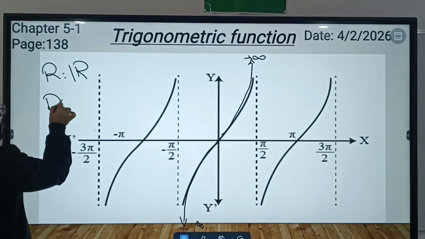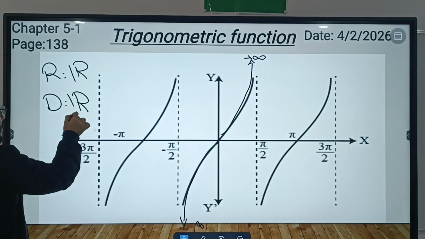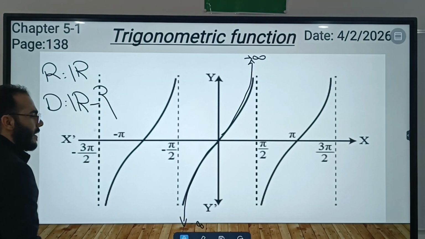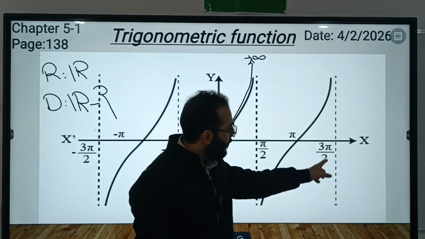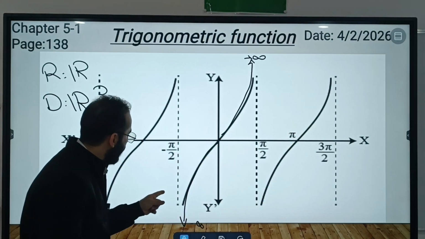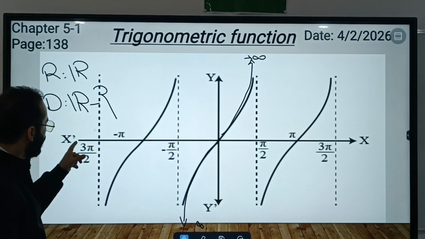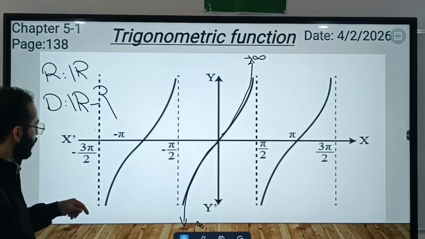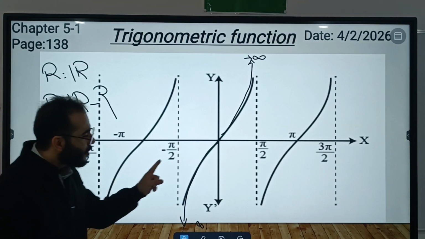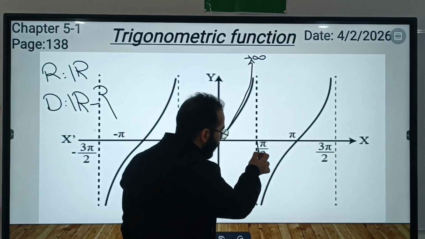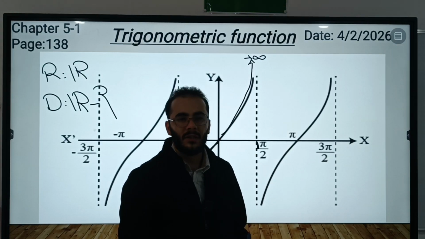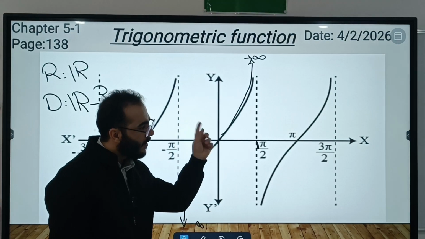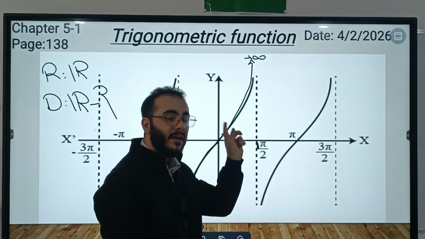But domain is also all the real numbers, except some points. What kind of points are they? Look: pi over 2, 3 pi over 2, negative pi over 2, negative 3 pi over 2. If you take a look at these numbers, the coefficients of pi over 2, clearly you can see that they are odd integers. 1, 3, pretty sure the next one is 5, then 7.